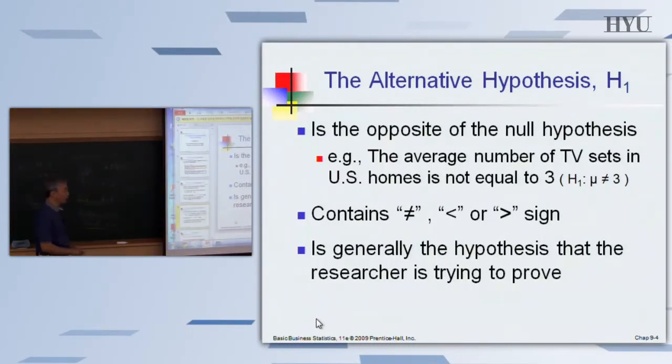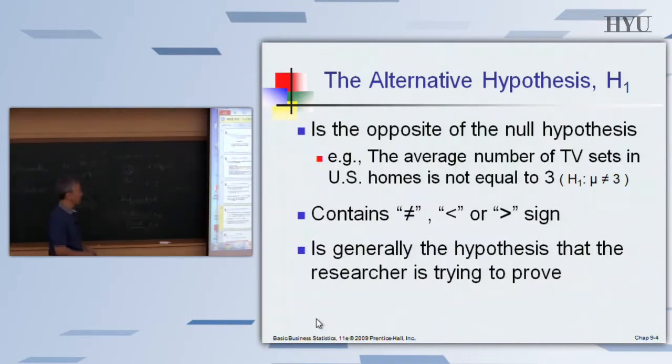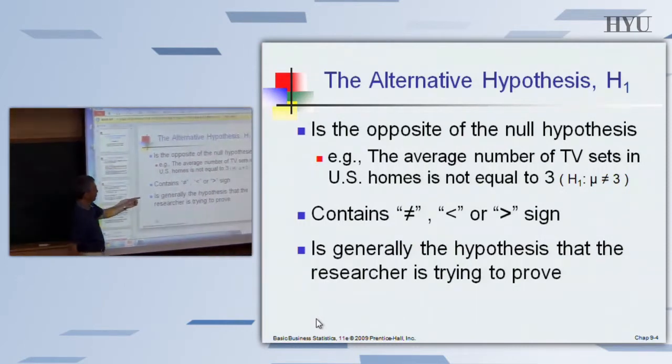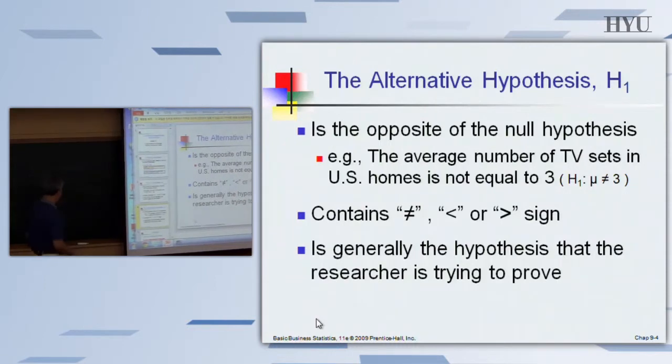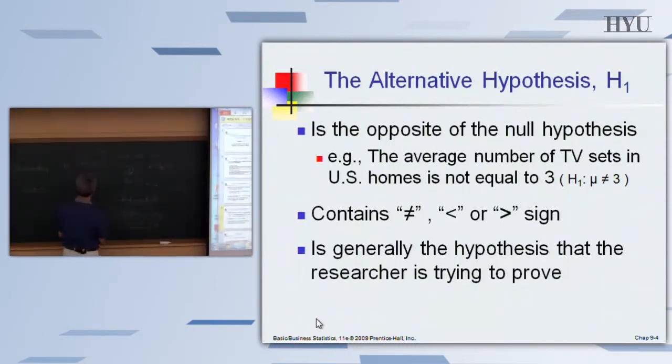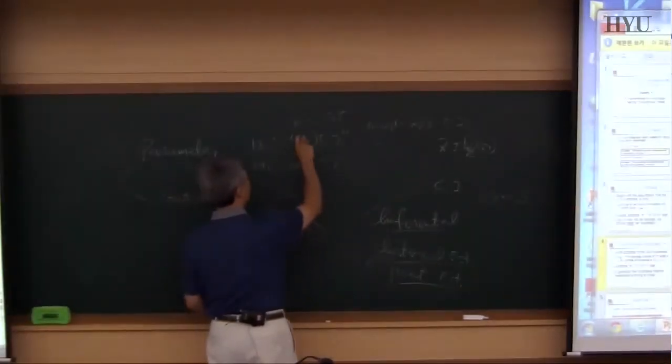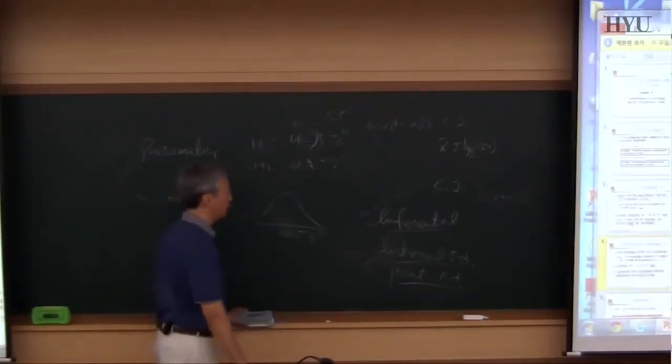Alternative hypothesis is the opposite. It always says the opposite of the null hypothesis, and so it contains not equal to, less than, or greater than. Depending on your null hypothesis: if your null hypothesis says equal, then your alternative hypothesis should say not equal.